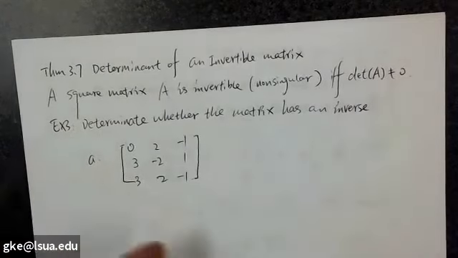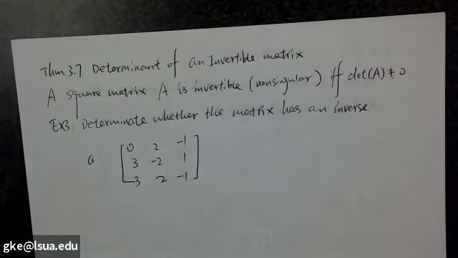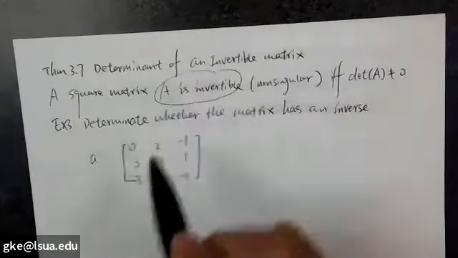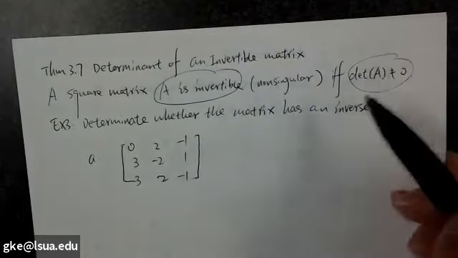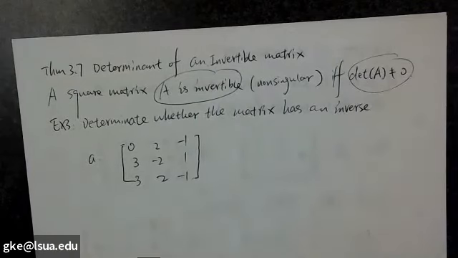So from theorem 3.7, we can see that if A is invertible, an inverse matrix, that means the determinant doesn't equal 0. If it equals 0, that means it's non-invertible.